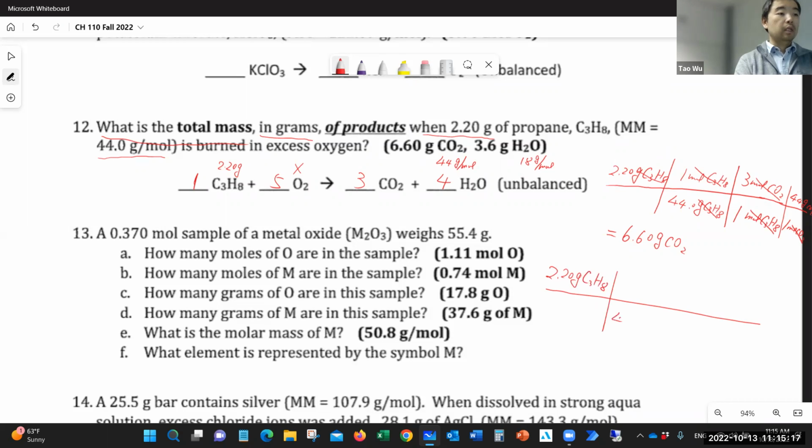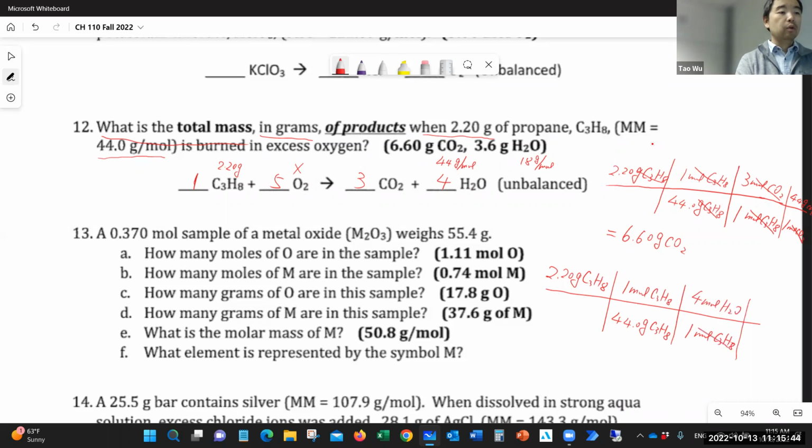We divide by the molar mass of propane to get the moles of propane. Then based on the stoichiometry, 1 mole of propane is going to generate 4 moles of water.